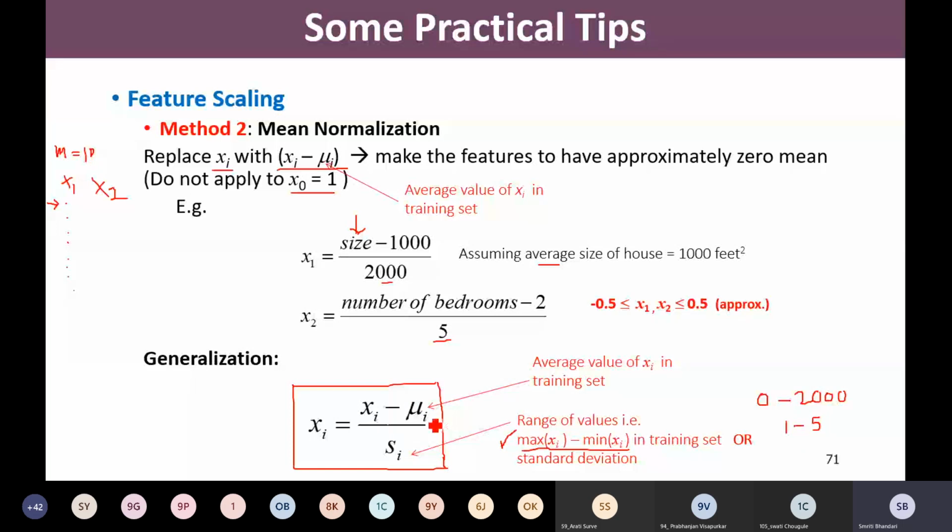So xi minus the average, divided by this 4, max xi minus min xi. This is a generalization of mean normalization, and many times while practically implementing our algorithm, we make use of this kind of feature scaling. There are several ways to scale the features, so we may appropriately pick any of them.